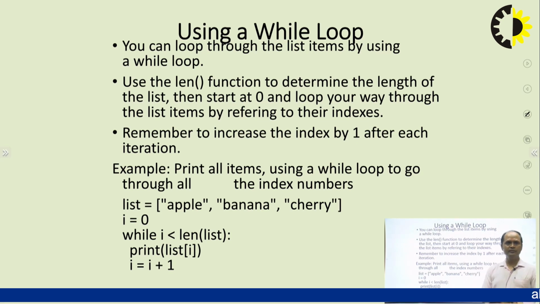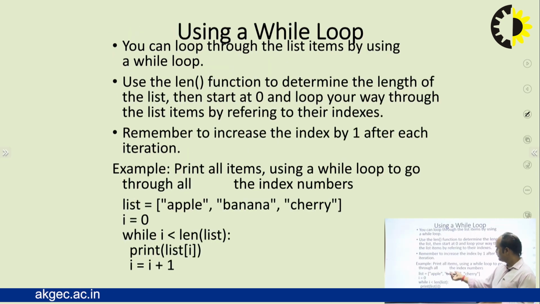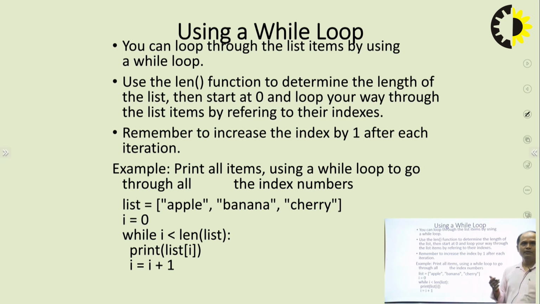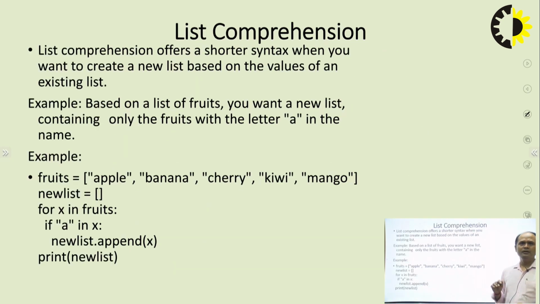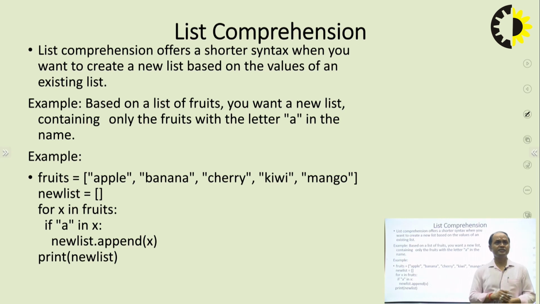For example, print all data items using a while loop to go through the index numbers. In the previous example we used the for loop, and now we will use the while loop. In this way, we can use both the while loop and the for loop for printing the list.